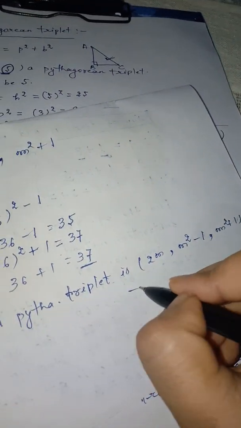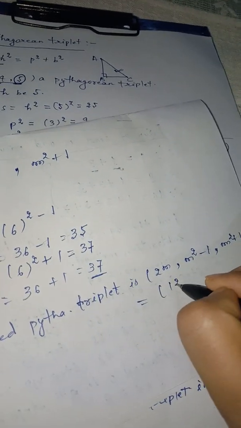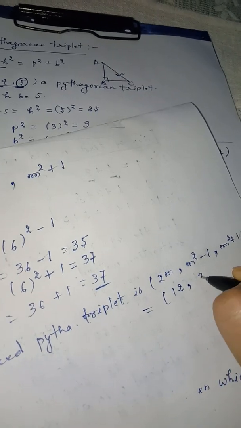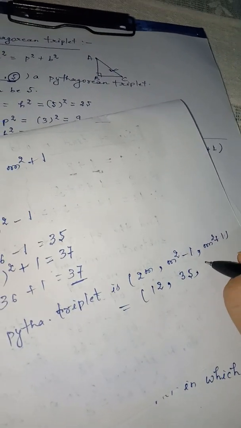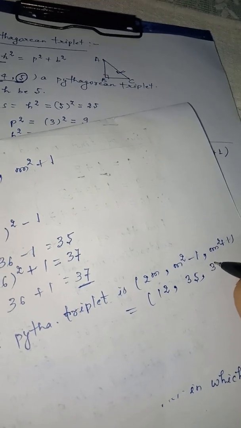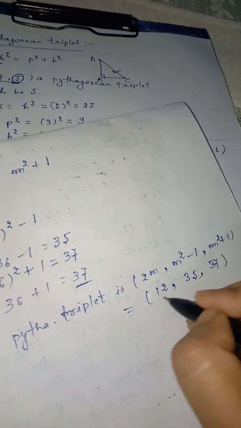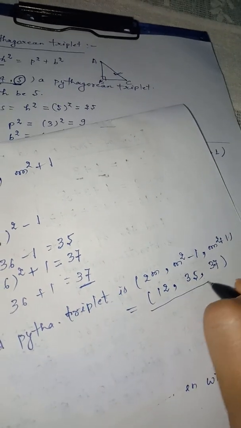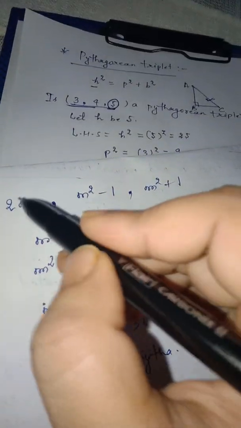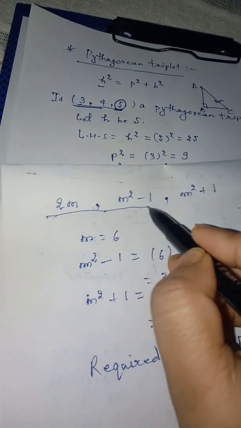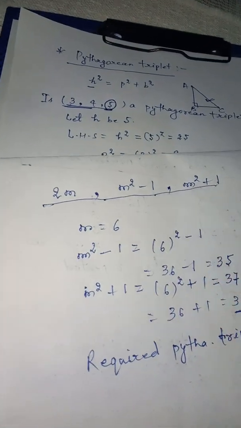So the value of 2m is given here as 12, m square minus 1 is 35 and m square plus 1 we got 37. So 12, 35 and 37 is the required triplet, and by using this method we can get many triplets if one number is given.